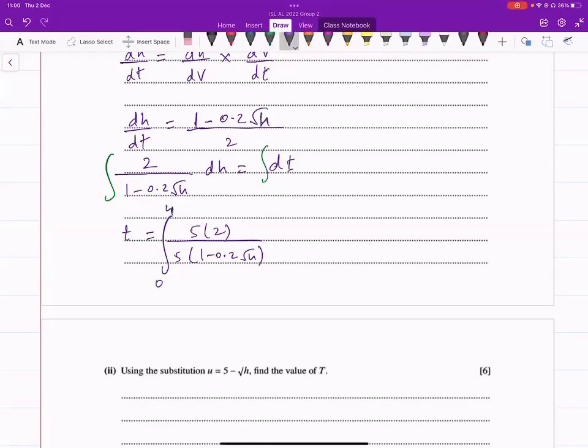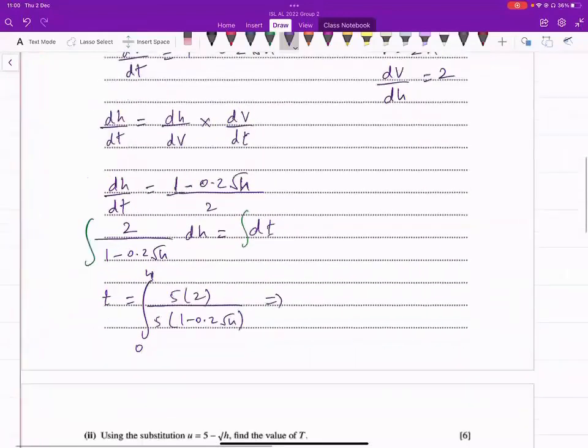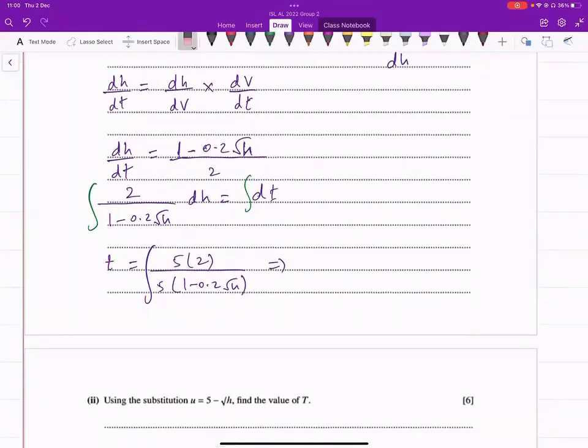Why are we doing that? Because हमें 0 से लेकर 4 height तक time चाहिए. Is this clear? And now we simplify this. जब 0 से 4 तक करेंगे तो टाइम की वैल्यू क्या हो जाएगी हमारे पास? Let's keep it like this for now.